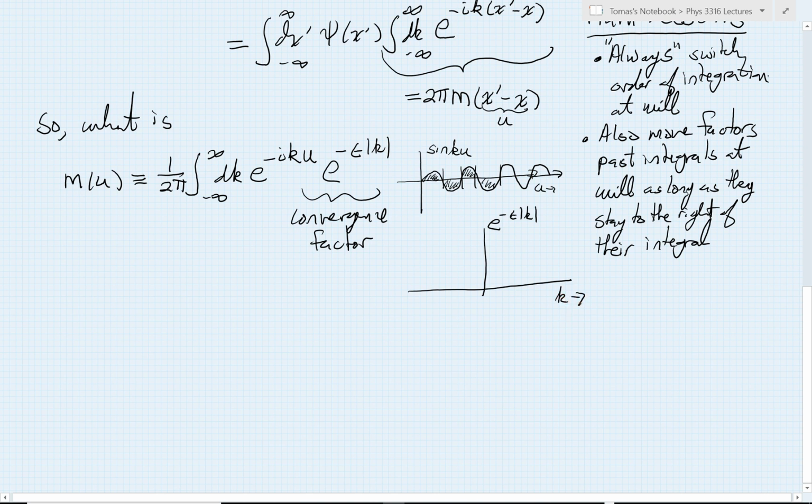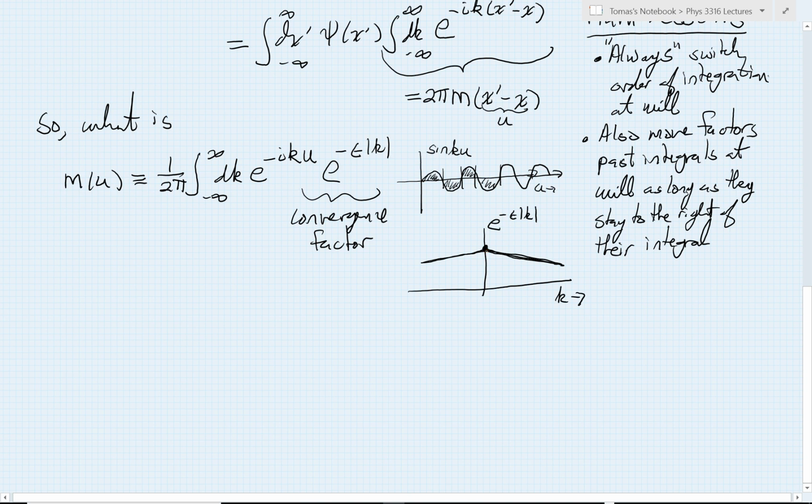Now this function, you will notice, when k equals 0, I get e to the 0, so its value is just 1. And if epsilon is a very tiny number, even for large values of k, I still have essentially e to the minus 0. So it's going to be decaying, but very, very slowly. I'm trying to sketch out a very slowly, that didn't look slow enough, very slowly exponentially decaying function. You know, something like this.